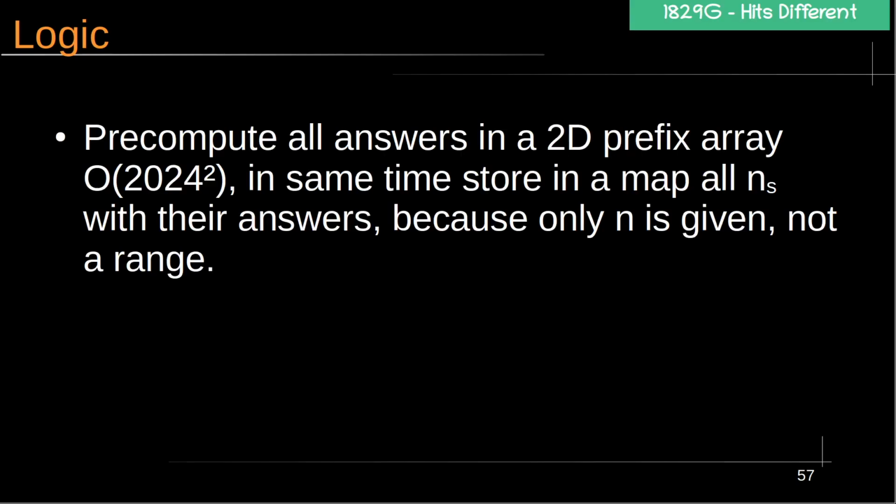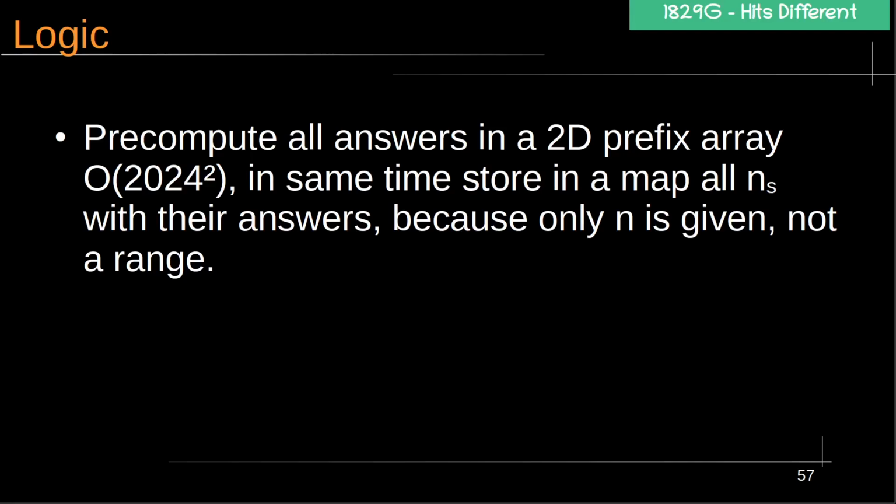So we will pre-compute all answers in a 2D prefix array. We can say that it's constant time because we know the number of rows, which is 223, but we add one to the matrix. At the same time, we have to store in a map all the n's with their answers, because only n is given, not a range.